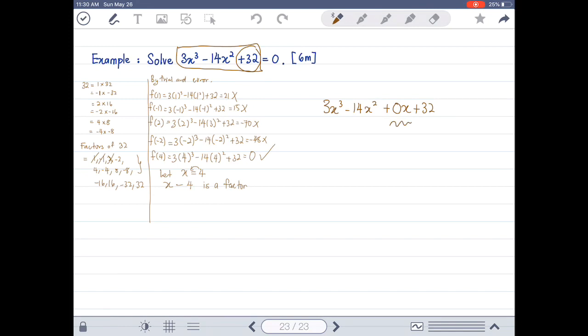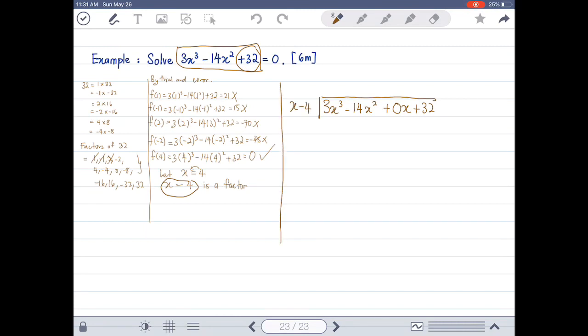This is necessary. Adding a term which does not exist, in this case 0x, you need to do in order to do long division. Okay, so plus 32 divided by, again, the factor just now, x minus 4.